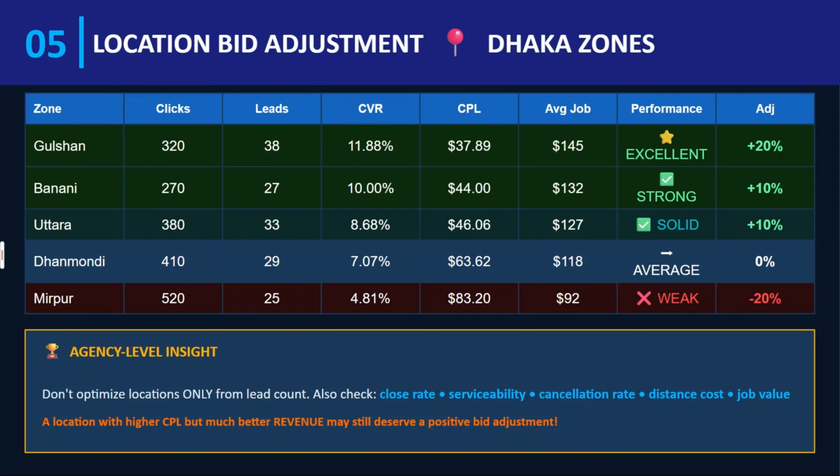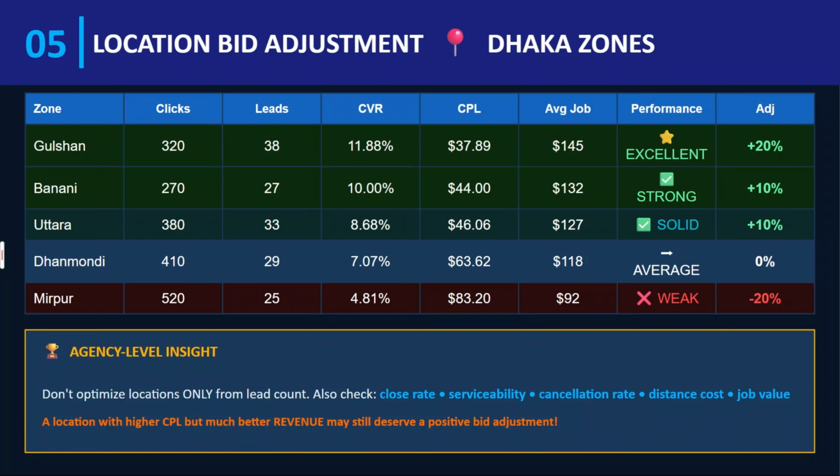Now location bid adjustment, and this one is very powerful, especially for local service businesses. Look at the data. For our Dhaka plumbing business, we have 5 zones: Gulshan, Banani, Uttara, Dhanmondi, Mirpur. In Gulshan: 320 clicks, 38 leads, conversion rate almost 12%.